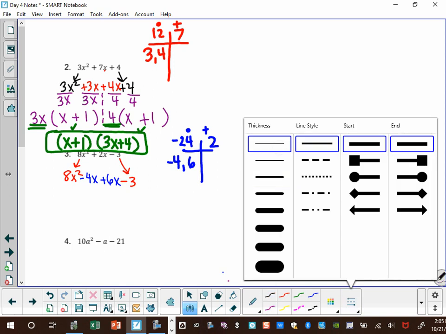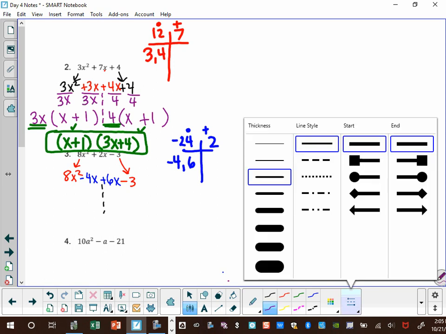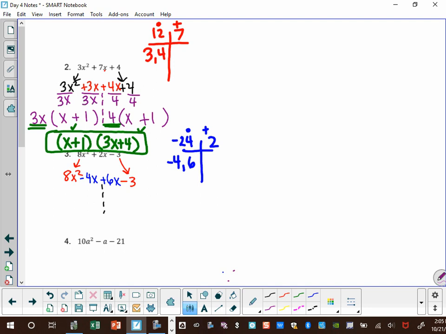All right, from here, then divvy it up. I need a GCF of my left side. What could it be? What's the GCF between 8 and 4? It's just 4. Alright, and what about x squared and x?